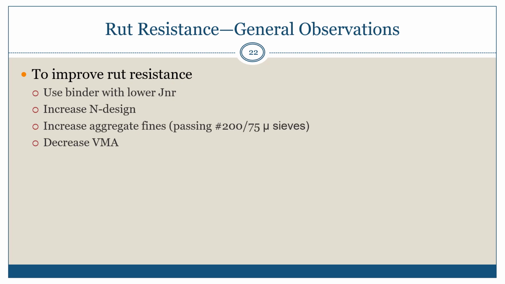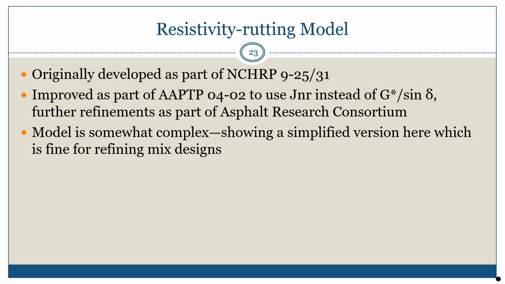The resistivity rutting model was originally developed as part of NCHRP projects 925 and 931. It was developed to allow engineers and technicians to predict rutting based upon binder properties and mixture composition. This model was modified a few years later as part of an Airfield Asphalt Pavement Technology Program project 0402, and that modification involved replacing the original Superpave rutting parameter G star over sine delta with the MSCR rutting parameter JNR.